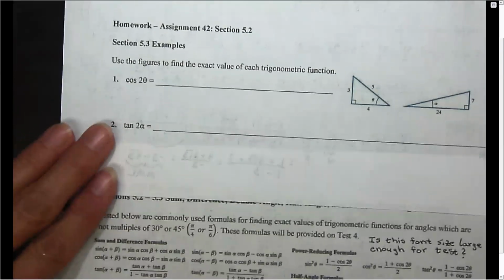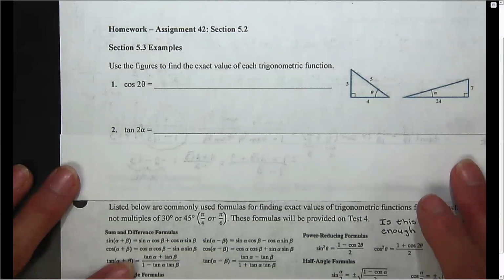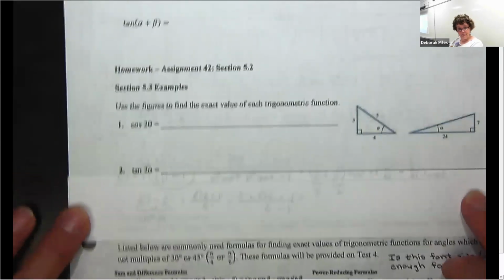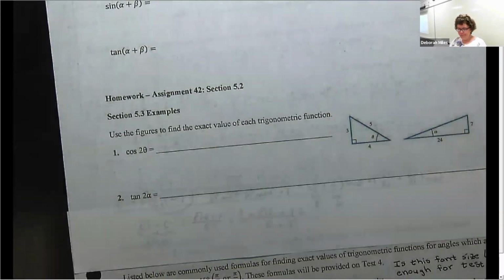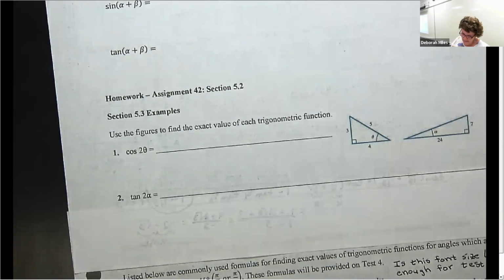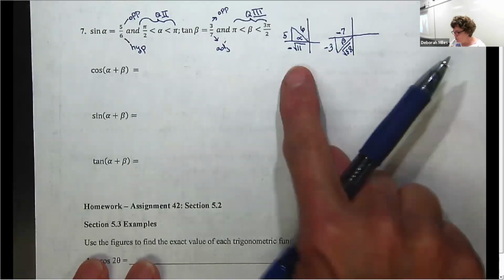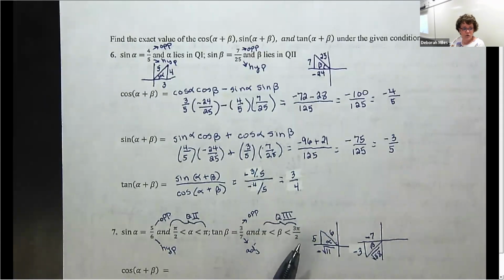Hey, before we start 5.3, can we finish number 7 on 5.2? I would not like to do that. Are you asking because you have done it yourself and want to check your answers, perhaps? No, I just did the triangles and stuff like we had done. So maybe after class we could go over number 7. Yeah, we could. I had drawn the triangles for you, and it is almost identical to number 6.